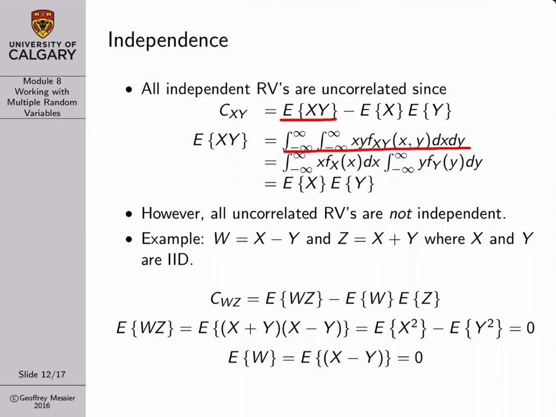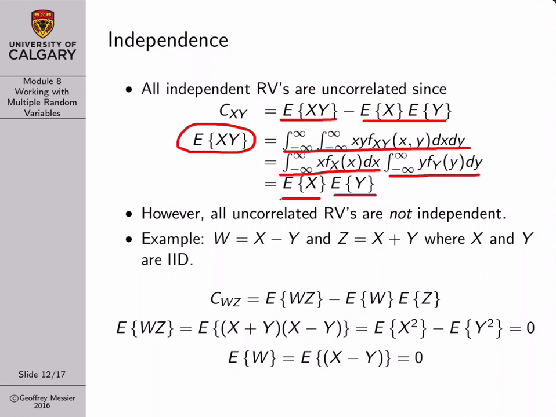If we replace the joint PDF with the product of the two marginals, we can very easily separate our integrals into a term just for x and a term just for y. These two individual terms are just equal to the expected value of each. So we end up with the expected value of x times the expected value of y. This term is equal to the product of the means in the covariance, and then the covariance goes to 0.